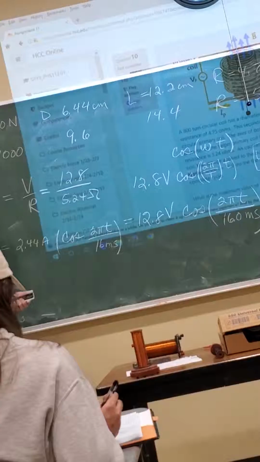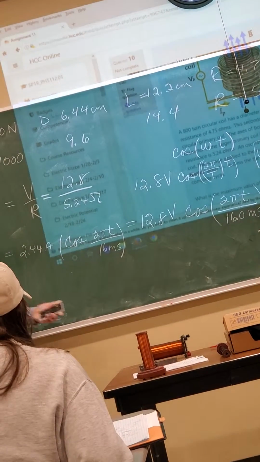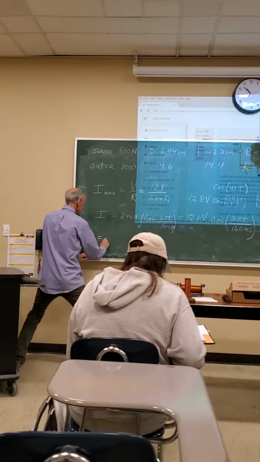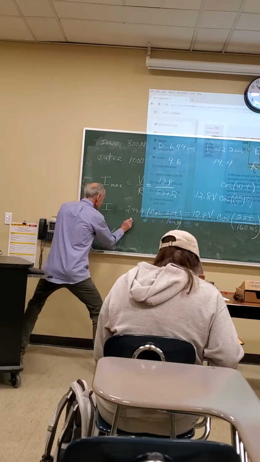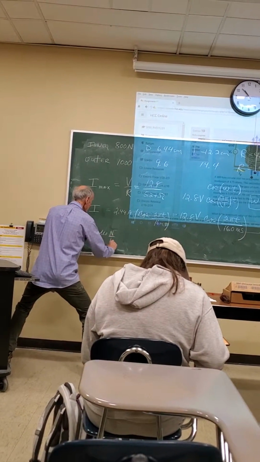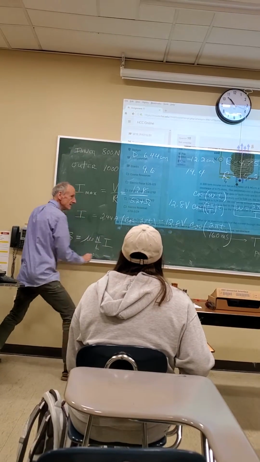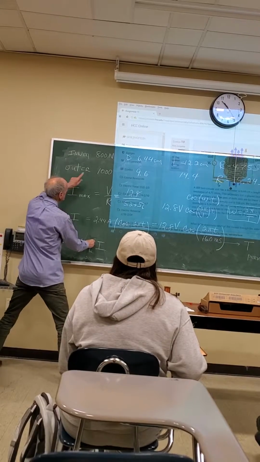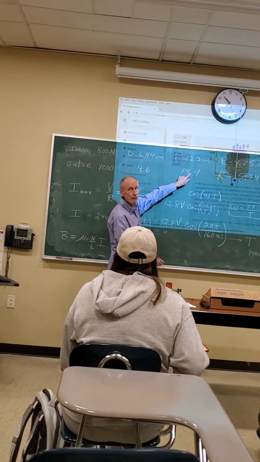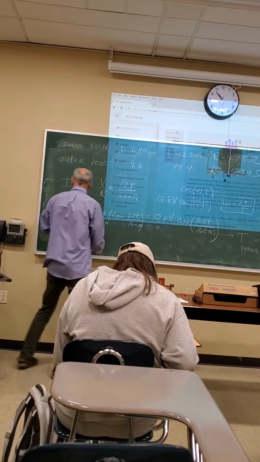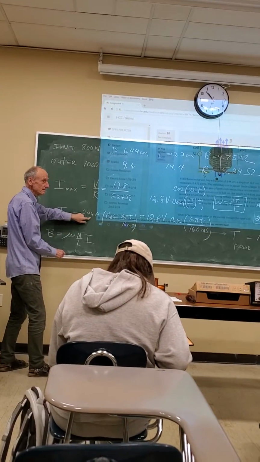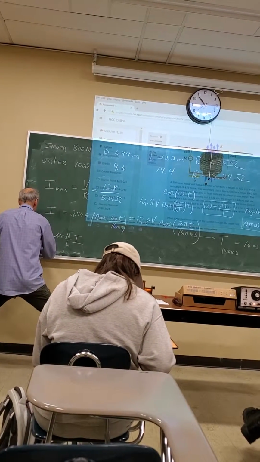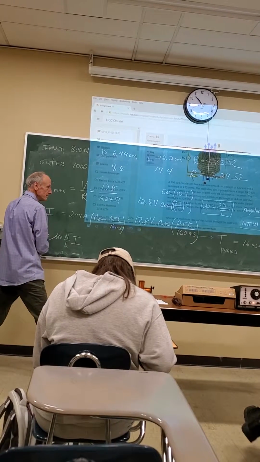That current is going to lead to a field. And the field, the B, for a coil is mu naught N over L times I. So now you have to do mu naught N over L times this I, and you'll get a number. That will be the B max.